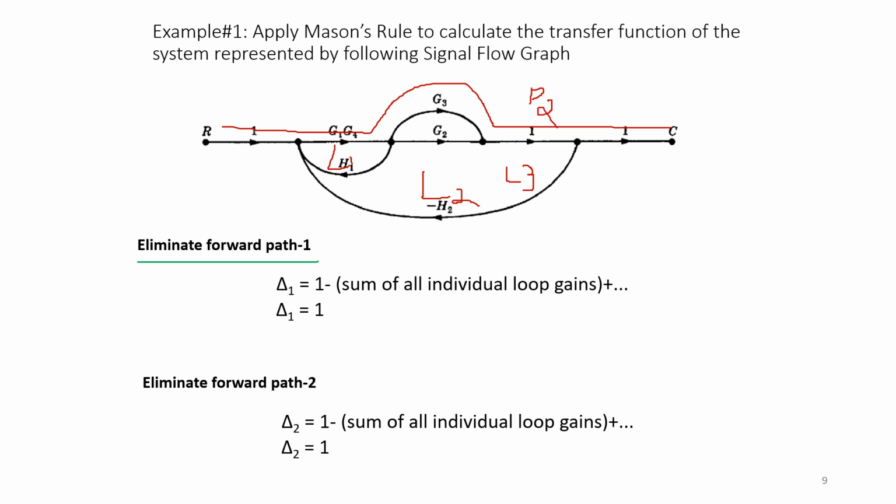That means here also I'll be eliminating the sum of all the individual loop gains, so delta 2 is also taken as equal to 1 in this case. For example, if one of the loops doesn't appear in a particular forward path, then you have to consider that. This is how your delta 1 and delta 2 values are evaluated for the signal flow graph.